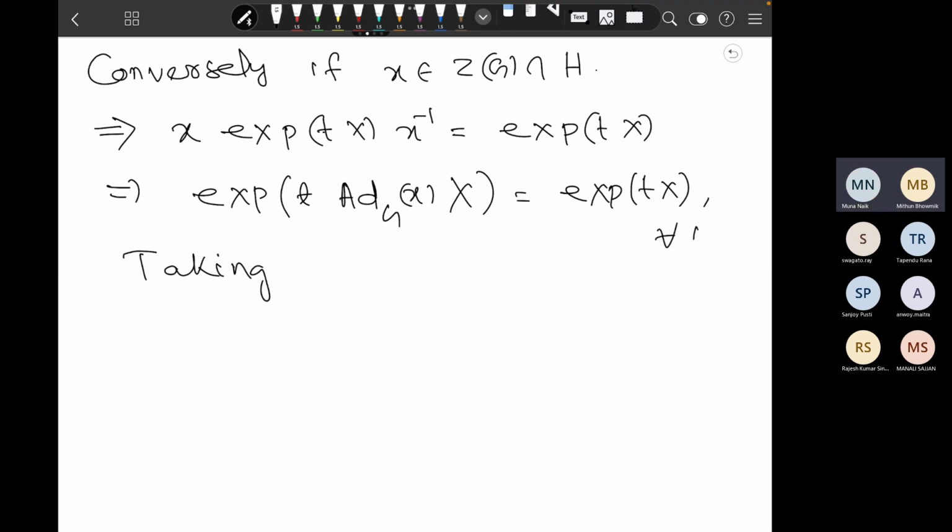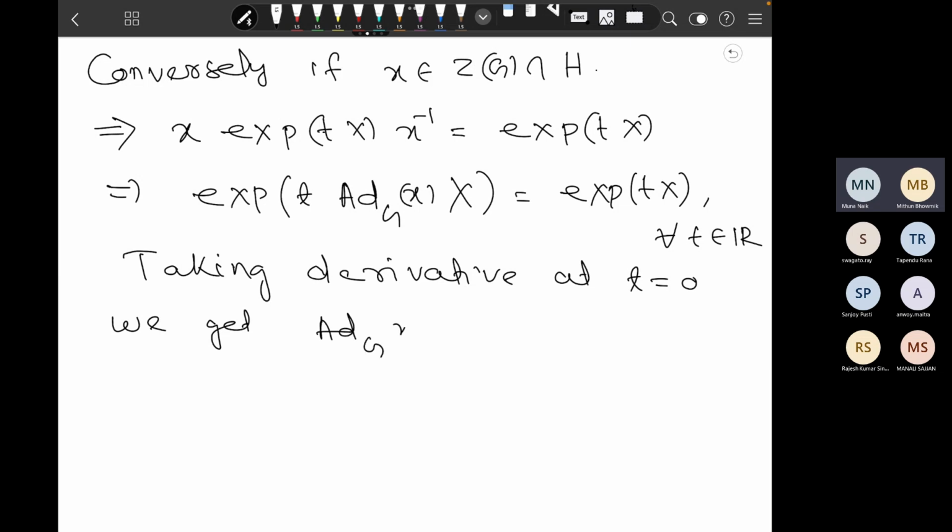This happens for all t in R. Taking derivative at t equal to 0, we get Ad(x)X equal to X for all X in 𝔤. This implies Ad(x) is equal to identity.